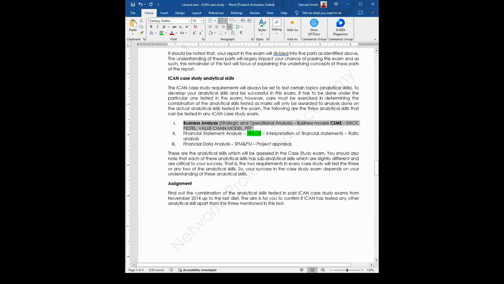So the issue here is that you must first identify which of these three is being asked in the requirement.